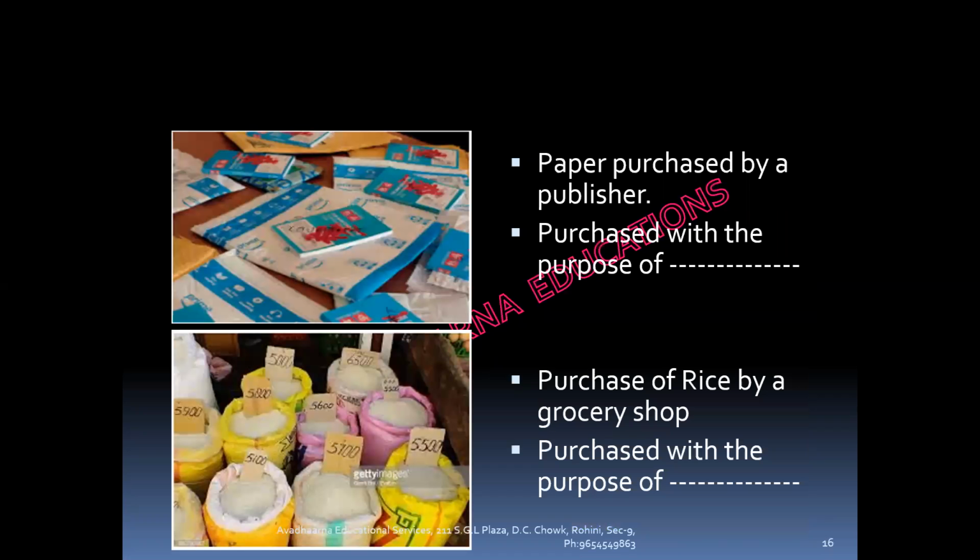Next is paper purchased by a publisher. It is purchased with the purpose of publishing books and converting that paper into a book or a notebook. So paper will be an intermediate product. Then the purchase of rice by the grocery shop, which is being purchased for reselling. If a grocer is purchasing rice, he is purchasing it for reselling. So again, it's an intermediate good, but the purpose is to resell.